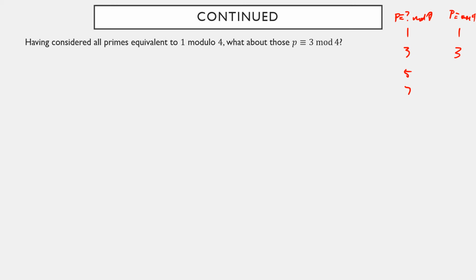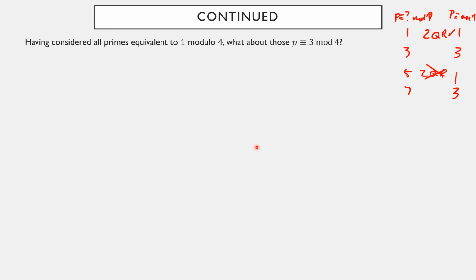If it's equivalent to 5 mod 8, it's equivalent to 1 mod 4, and 7 mod 8 would be 3 mod 4. And what we've determined is, of the rows in which p is equivalent to 1 mod 4, 2 is a quadratic residue here, but 2 is not a quadratic residue here. That's what we've determined so far.